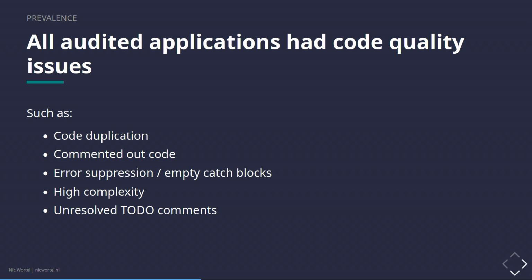So things like duplication, code that has been commented out but nobody really knows why it is still there, why it hasn't been committed, and why it hasn't just been removed. Things like suppressing errors or catching exceptions without properly handling them, high code complexity, and to-do comments like, hey, something's wrong here, we still need to fix it, but we didn't have time for it.